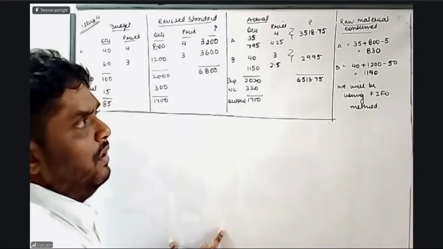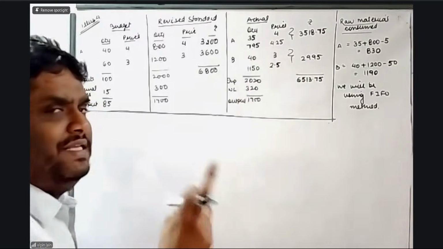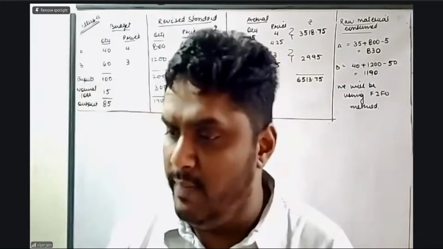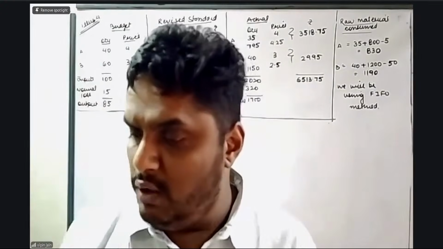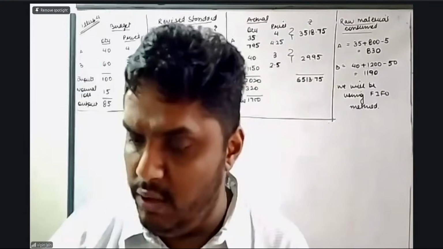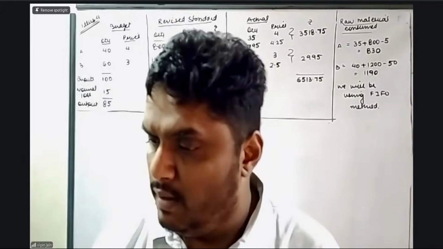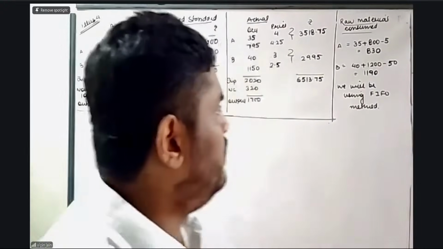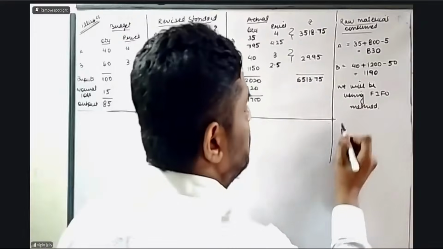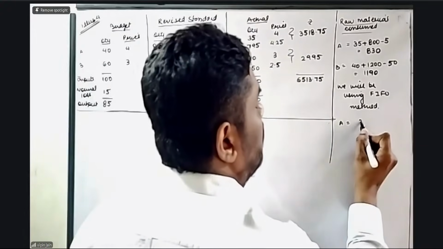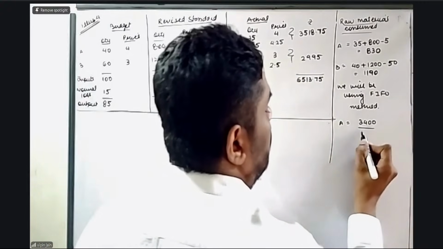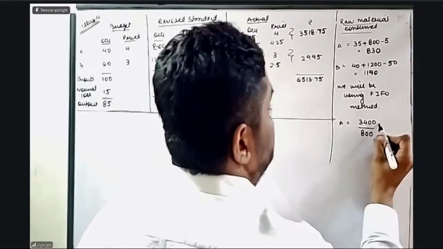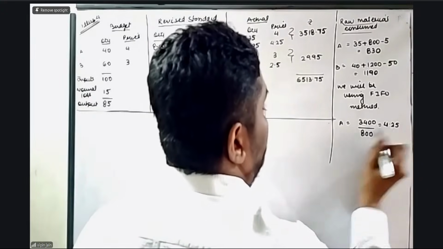Yeah, sir. Now, when talking about this price, this is from what? The purchases that are made during the year. Very simple. We have purchased 800 kgs for 3400, right? So this will be 4.25.